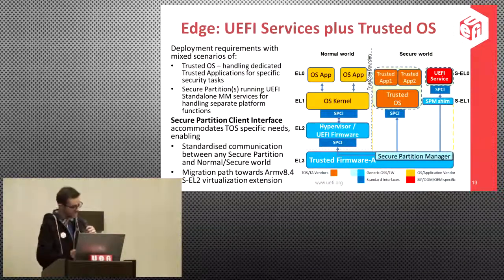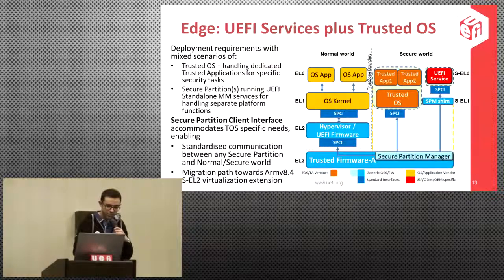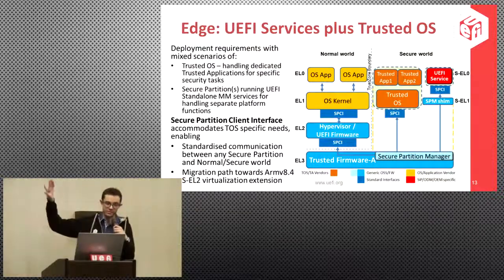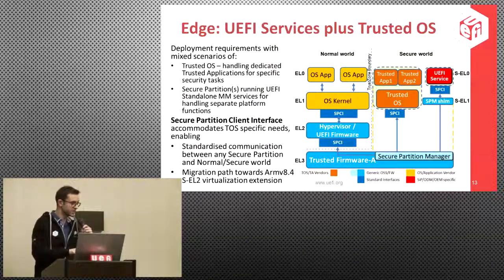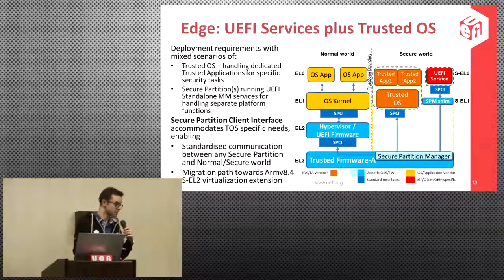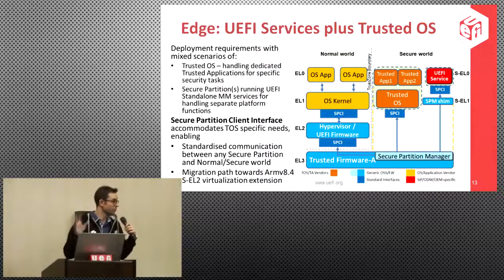So we are extending the specification to make sure that a normal world hypervisor or kernel can also invoke a service that runs as a trusted application on top of a trusted operating system. So it's no more only a UEFI standalone service that runs independently, but it's precisely a trusted application that is handled by a trusted operating system. And it may be whatever operating system, commercial one, open source one, as an ARM, we don't care.